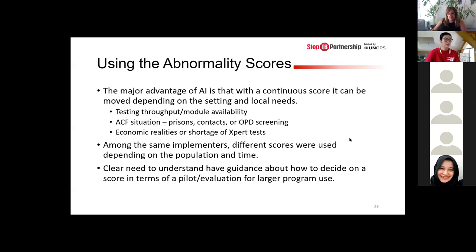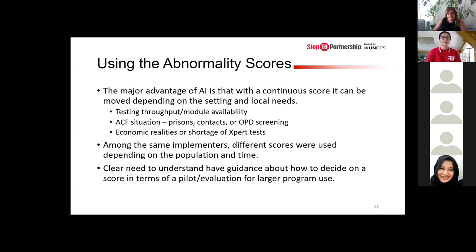How many modules do you have available to you? So if you're screening 200 people, how many people can you actually test with Xpert in a given day and not begin to have a massive backlog? That was the more important criterion rather than an academic point of we want to get 95% sensitivity.